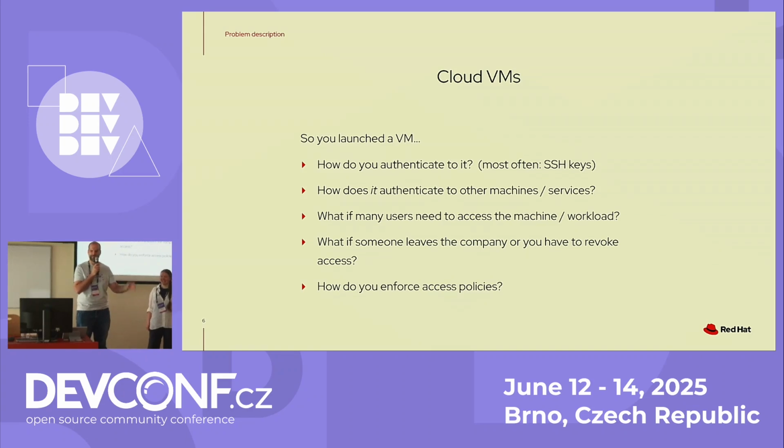I already did this. What if someone leaves the company? Usually people don't think about that, but if you shared the password or the credentials or SSH keys, whatever you have, you need to remember, okay, someone left the company, we need to revoke access, etc. Or how do we enforce access policies, rotations, to make it even more secure?